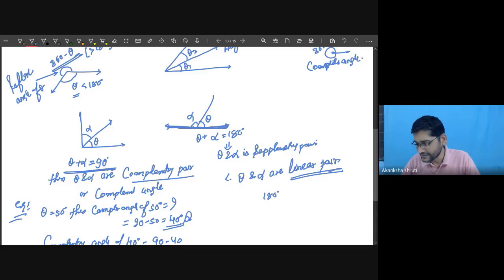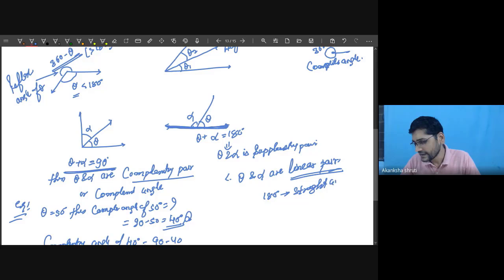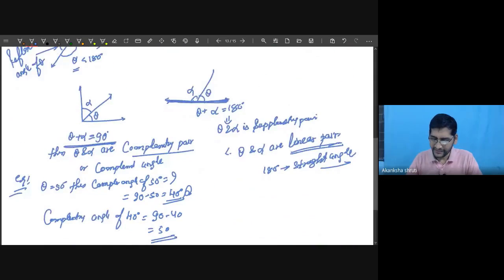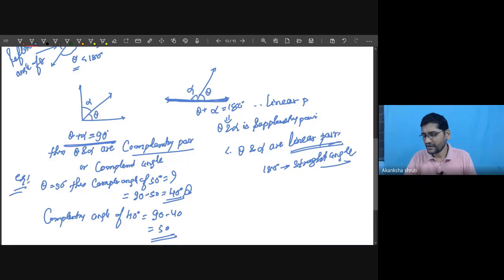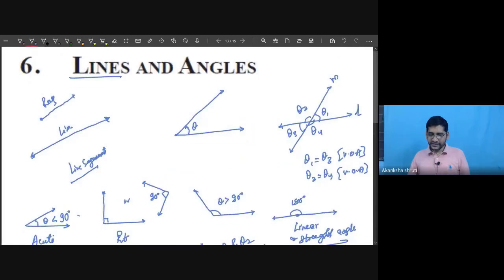The 180 degrees is called the straight angle that we had already written. The sum of two angles being a straight angle means it will be a straight line. Okay, student? So this is our linear pair or the supplementary angle. All mean the same thing.